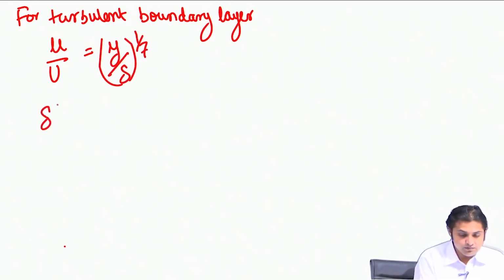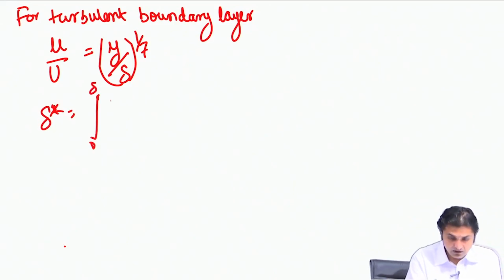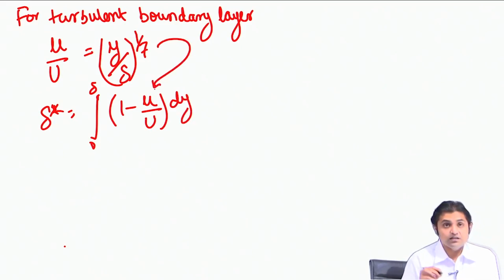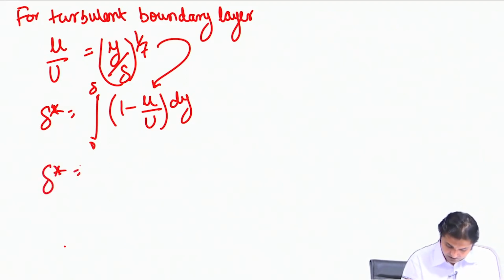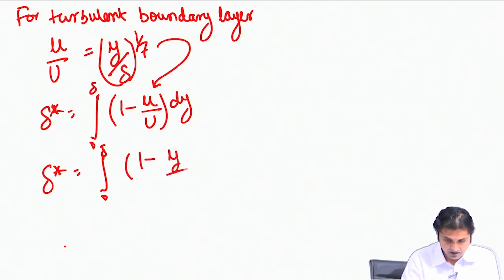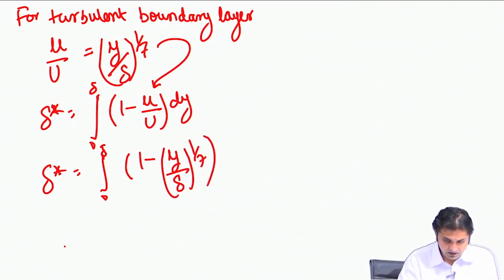The displacement thickness by definition is the integral from 0 to delta of 1 minus u by capital U dy, and we plug it in here. Therefore what we get is the integral 0 to delta of 1 minus y by delta to the power 1 by 7 dy.